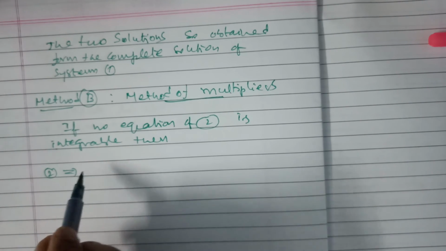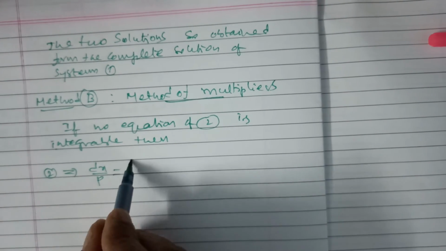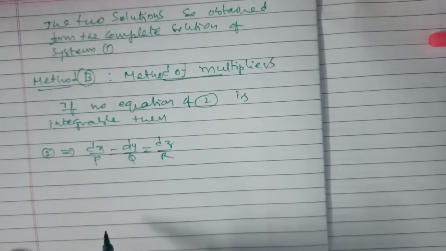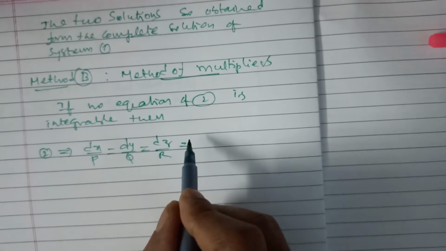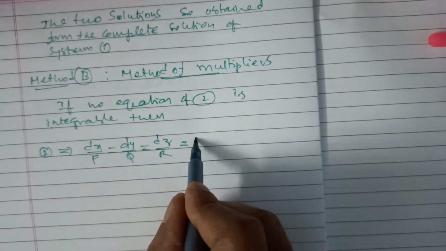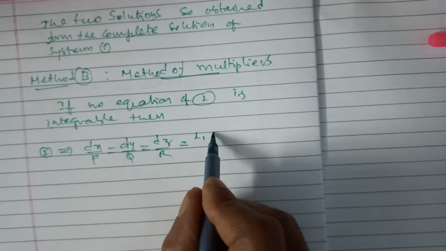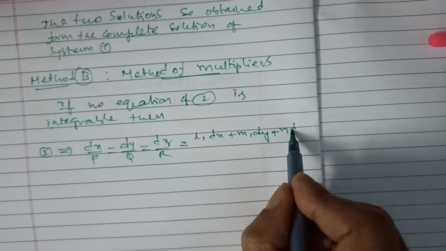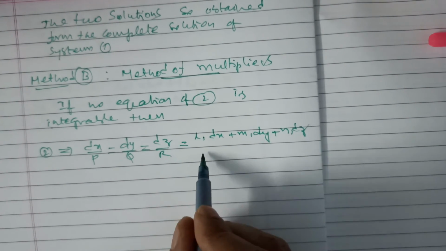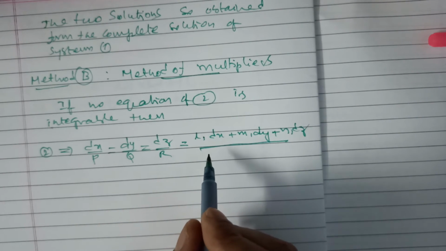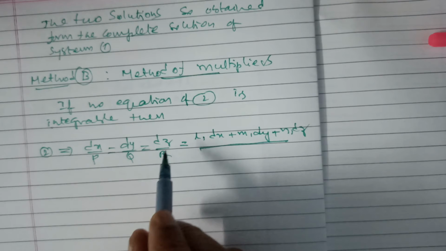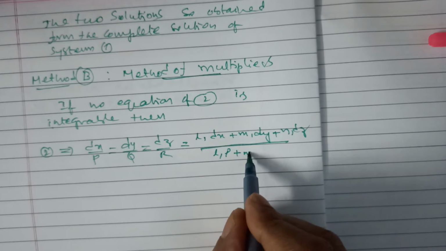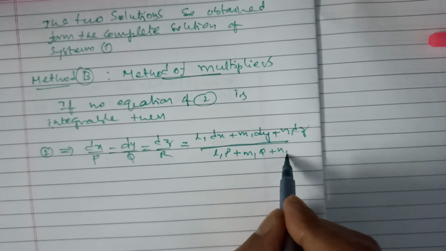From 2, dx/p = dy/q = dz/r. These three ratios are equal to (L1 dx + M1 dy + N1 dz) divided by (L1 p + M1 q + N1 r), multiplying the numerators and denominators by L1, M1, N1 and summing.